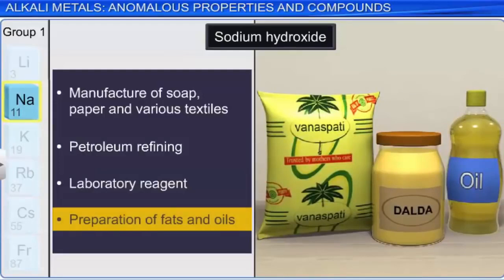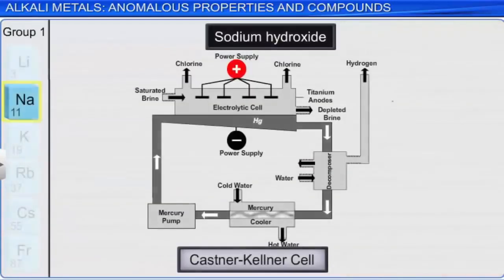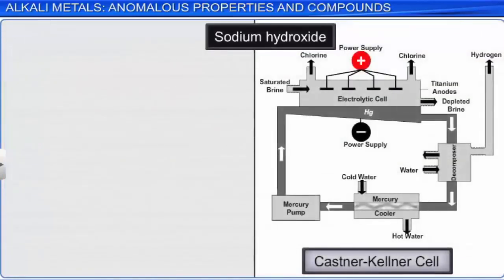Sodium hydroxide can be prepared by the electrolysis of brine solutions, that is, sodium chloride solutions, in the Kastner-Keller cell. A schematic diagram of this electrolytic cell is shown here. Recall that the cathode is where reduction occurs in an electrochemical cell.